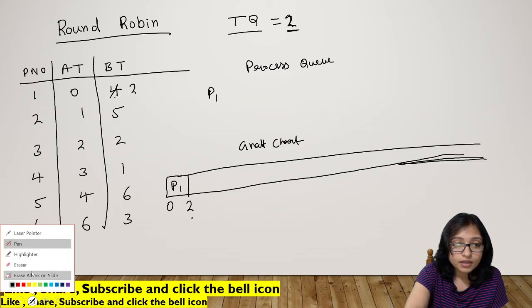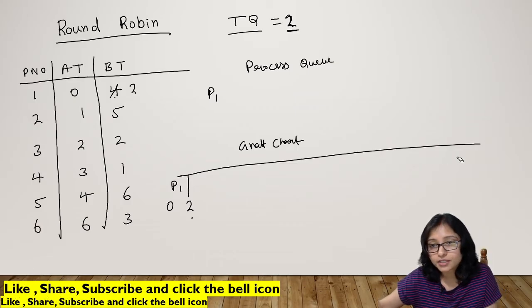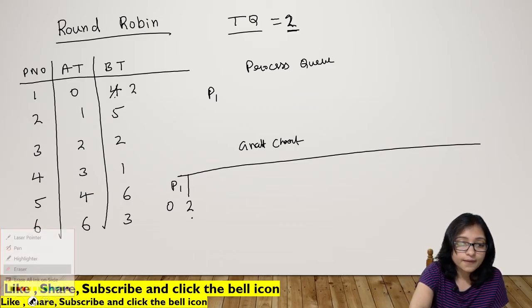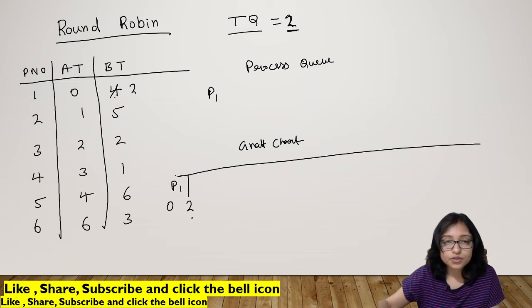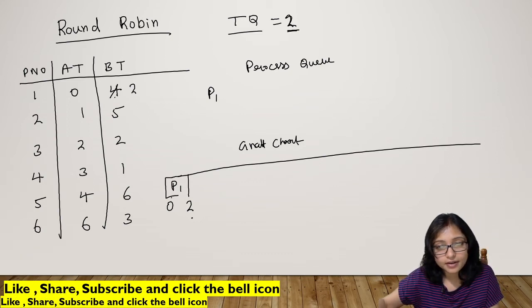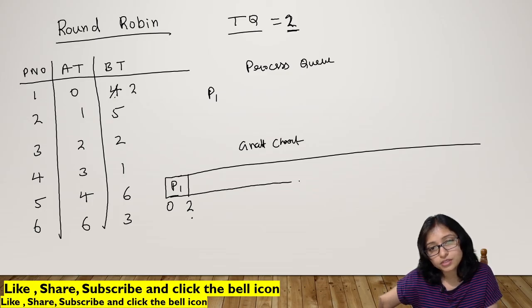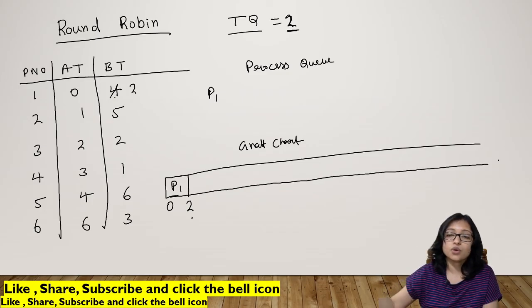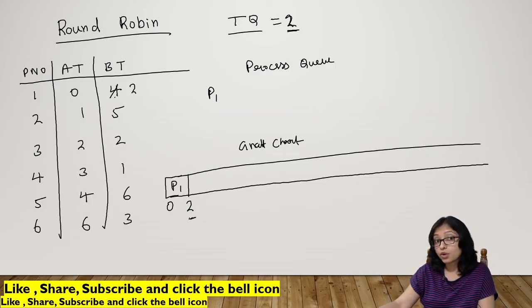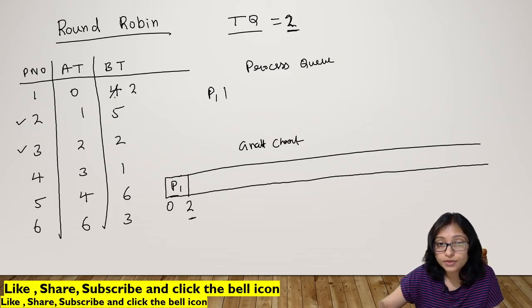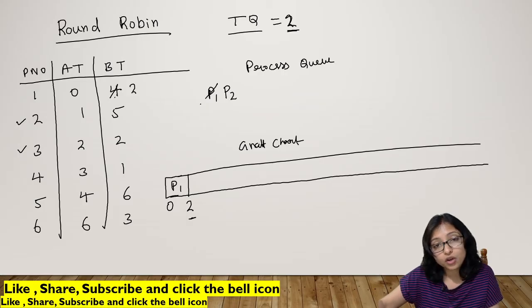I am very sorry for the handwriting, but I hope the concept is clear. So when I am coming out at 2 p.m. and did not complete my task, who arrived at that time? P2 and P3 arrived. So in the process queue, P1 is already done, after that I write P2, then P3.